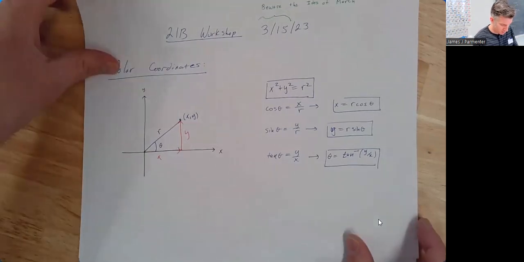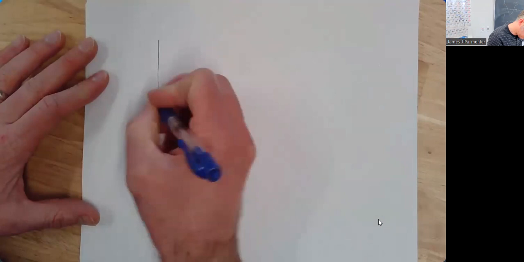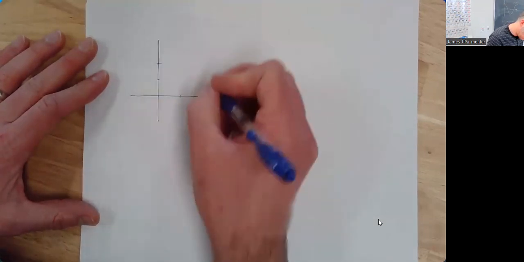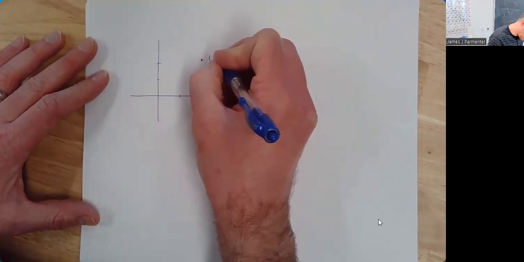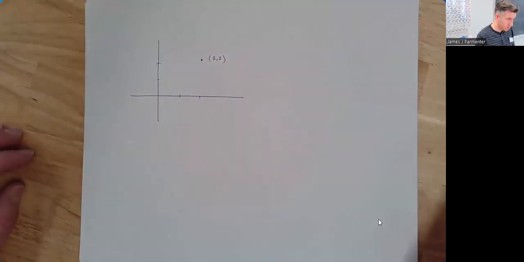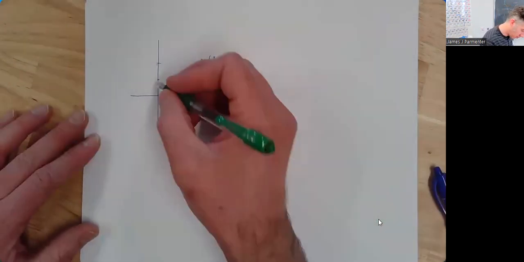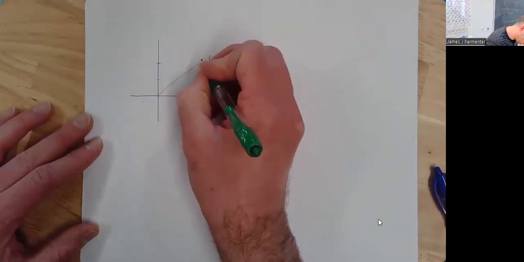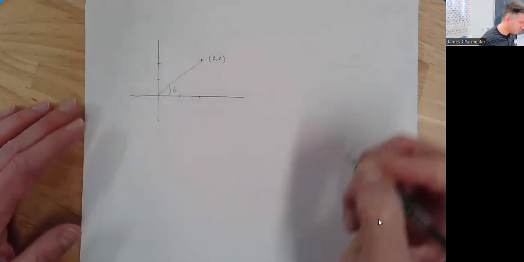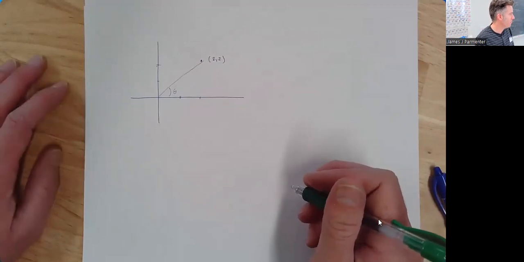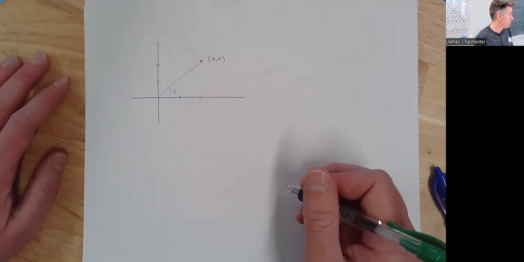So for example, the point 2, 2. If I want to describe this using polar coordinates, one most obvious way of doing it would be to say, okay, well, my angle is, if I've gone over and up the same amount, what is my angle? 45 degrees.